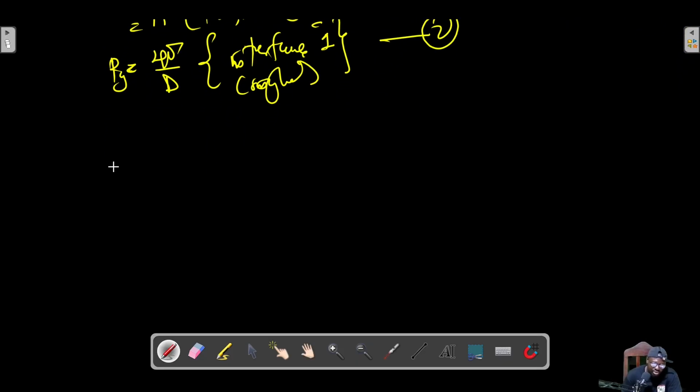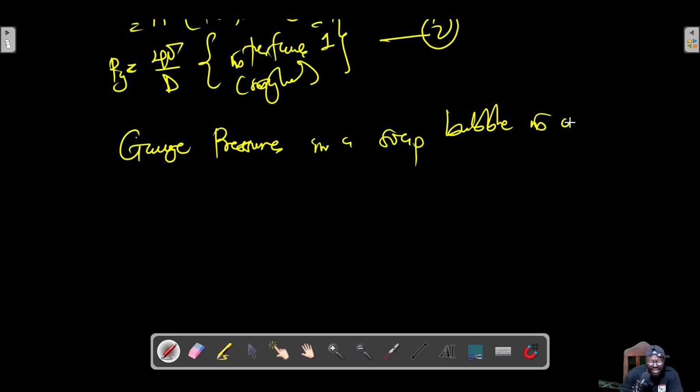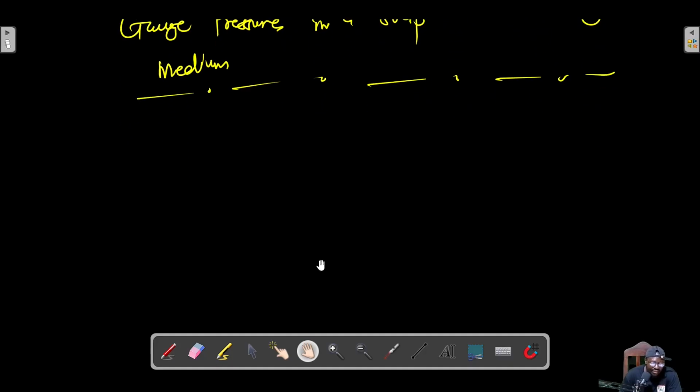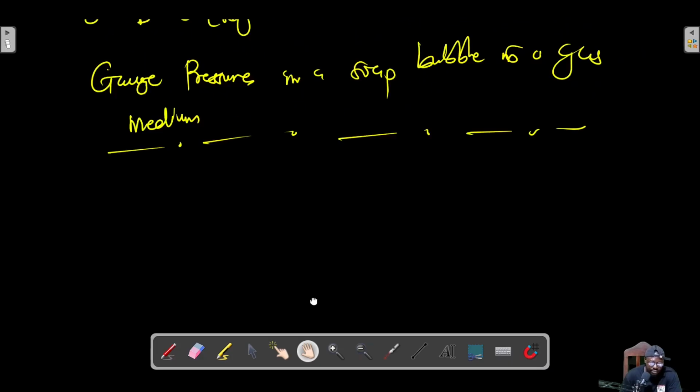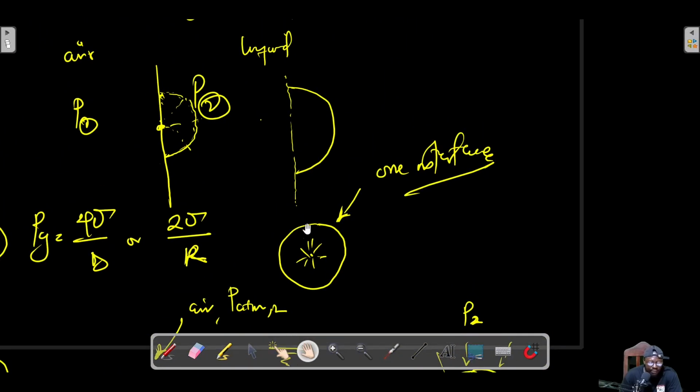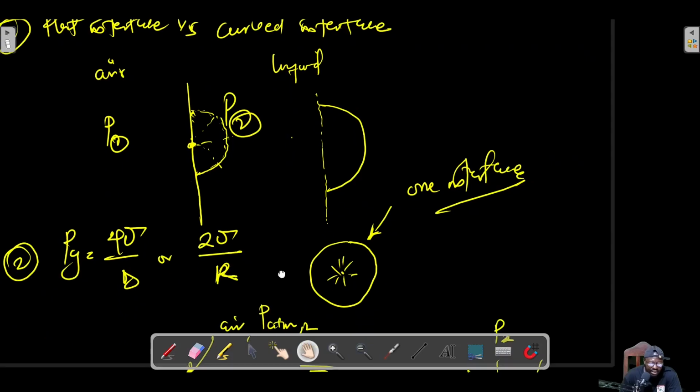Now, the main work today I wanted us to look at is finding the gauge pressure in a soap bubble in a gas medium. Now, let's just say I have a soap bubble, but I think I've told you that for liquid droplets, the interface is only 1.